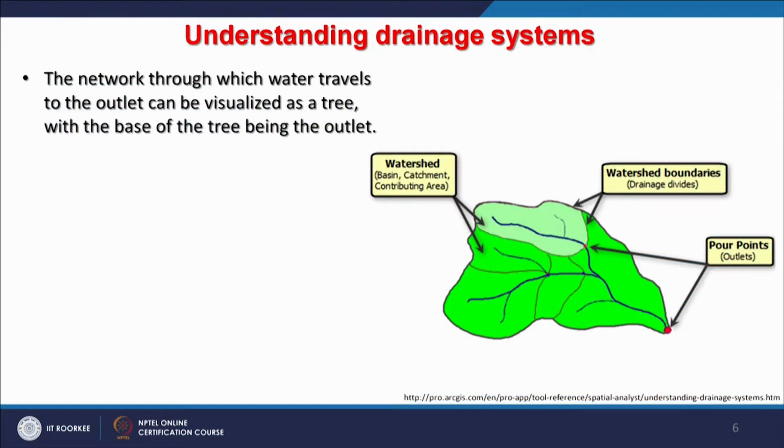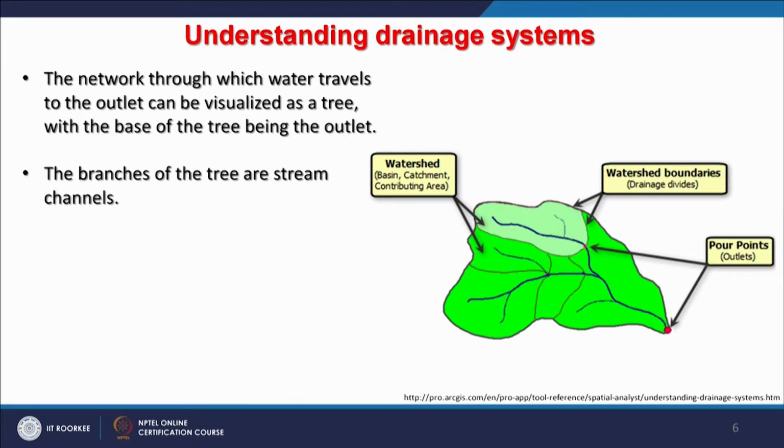Now the network through which the water will travel to the outlet, which in this schematic is shown as red points, either a large one or a smaller one, can be visualized as a tree with the base of the tree being at the outlet.